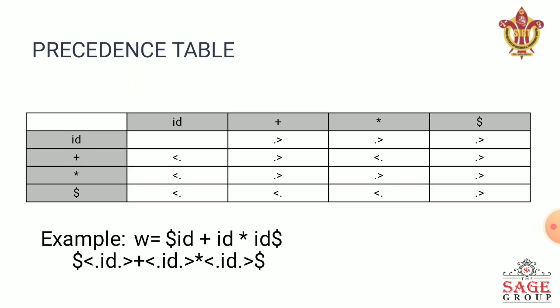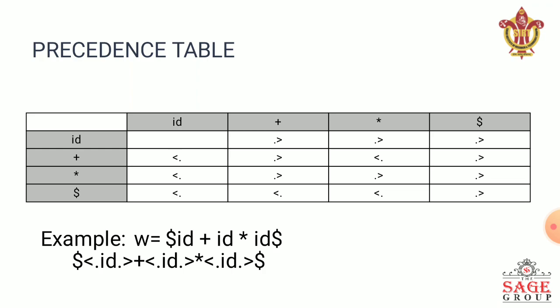The precedence relation between the terminals can be presented in the form of a table, the operator precedence table, which can look like this table, where all the terminals which are used in the given grammar are included, along with one extra symbol, which is the dollar, the end marker of any given sentence.